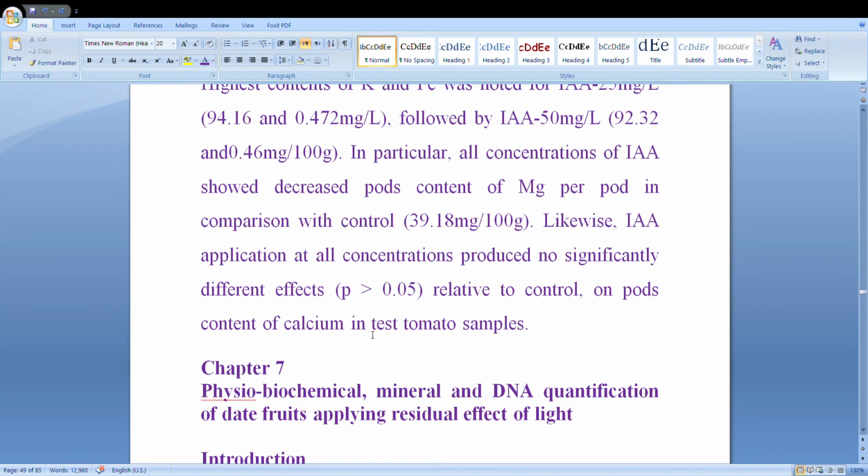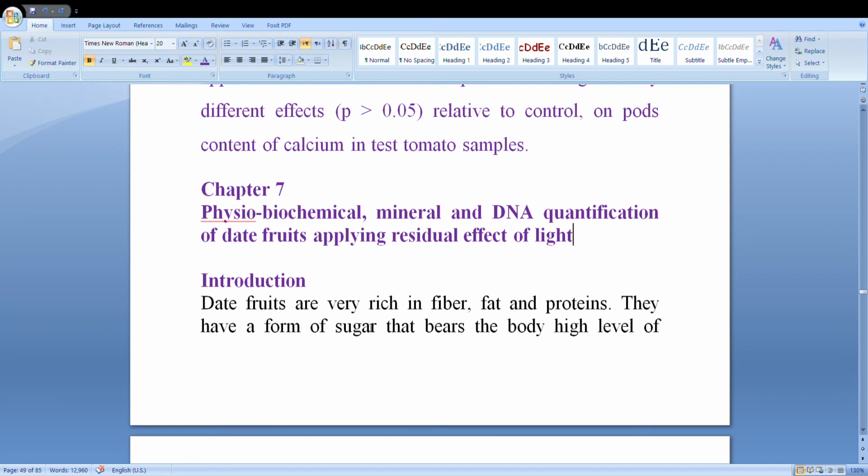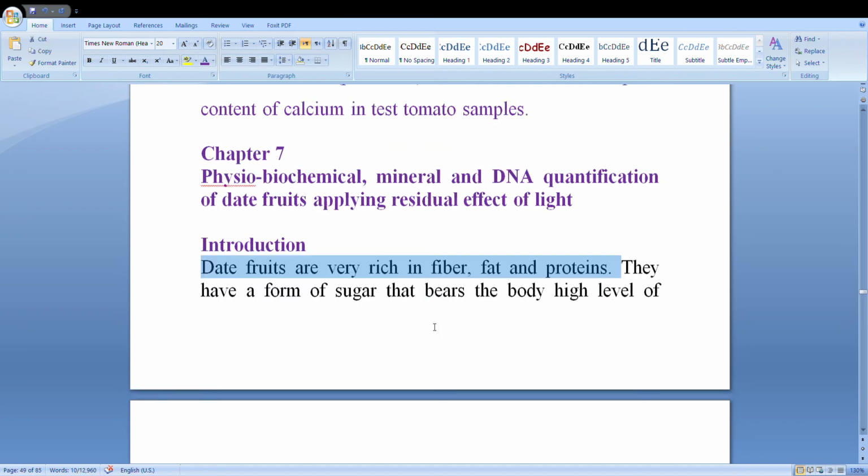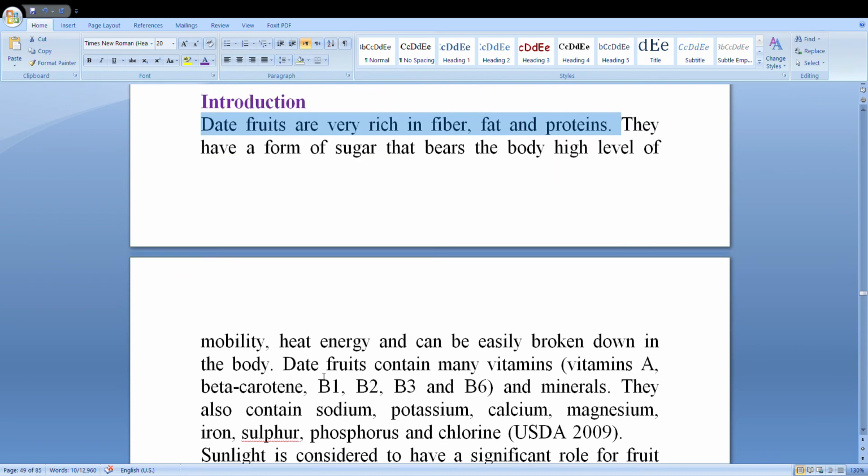So this is all about the results for the vegetables and others. Now, physiobiochemical contents, minerals, and DNA quantifications, like protein contents of date fruits, applying the residual effect of lights, different light penetrations. Date fruits are very rich in fiber, fats, and proteins. They have a form of sugars that gives the body a high level of mobility, heat, and energy, and can be easily broken down in the body.